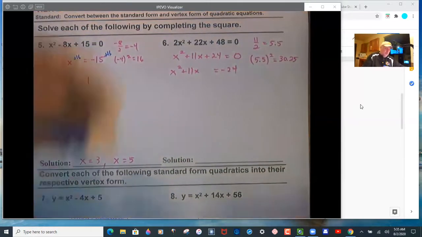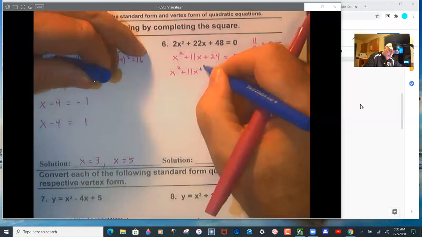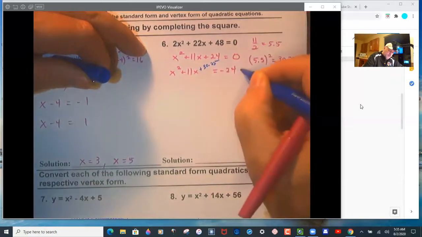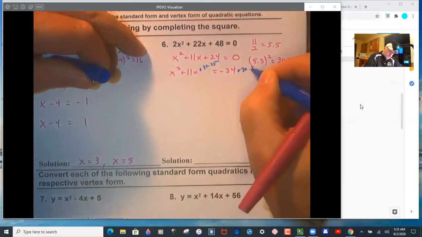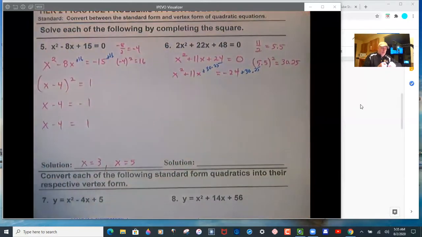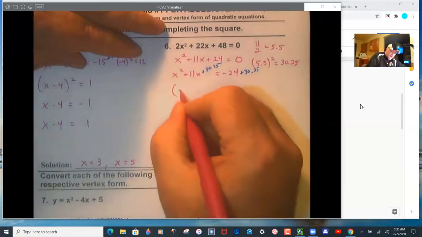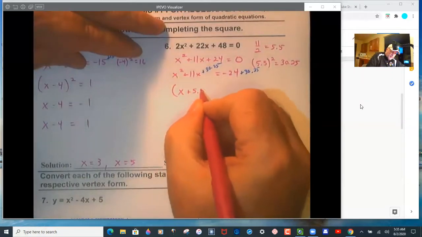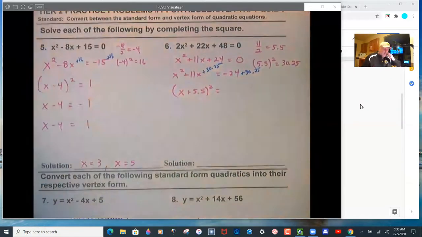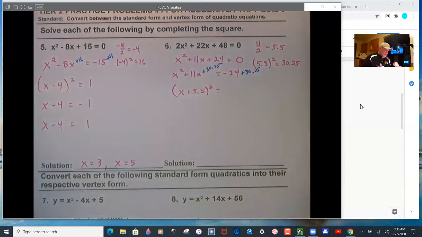So 30.25 is what gets added to both sides. So the left becomes x plus 5.5 squared. And the right is 24, 6.25.